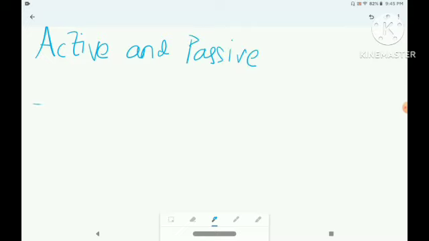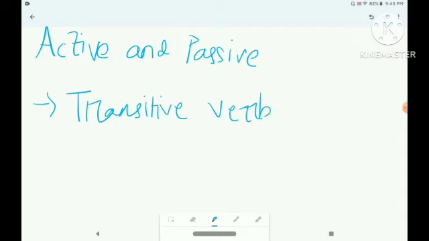They can be present only in transitive verbs. You cannot use them in intransitive verbs, because we know that intransitive verbs don't have any object, so we cannot have active and passive voice for that.